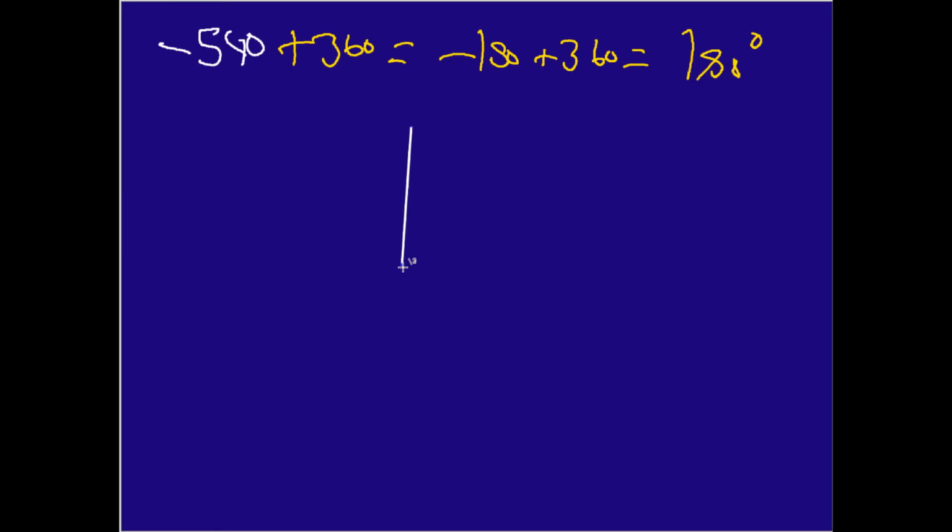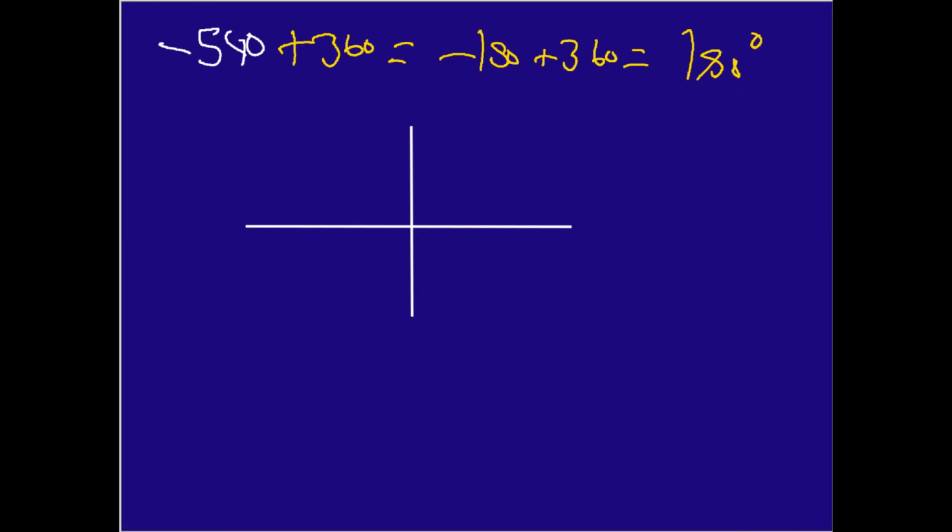You just add 360, which gets me to negative 180, not quite there, plus 360, and now I'm at positive 180. If I had to draw you a picture of this, for those of you who are visual learners, since the angle is negative, I'm going to go clockwise.